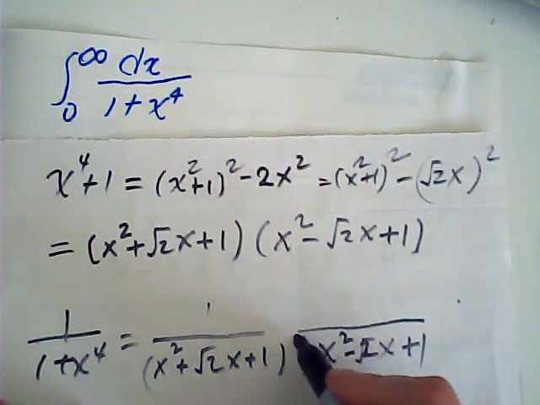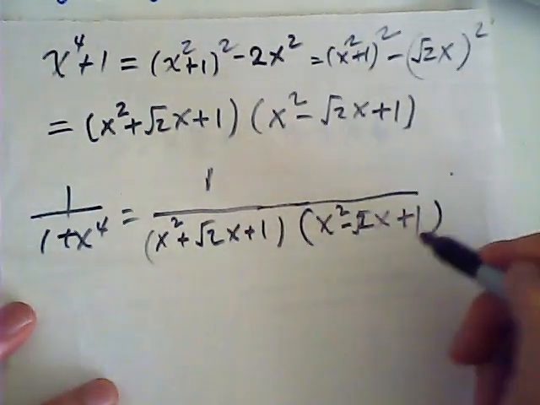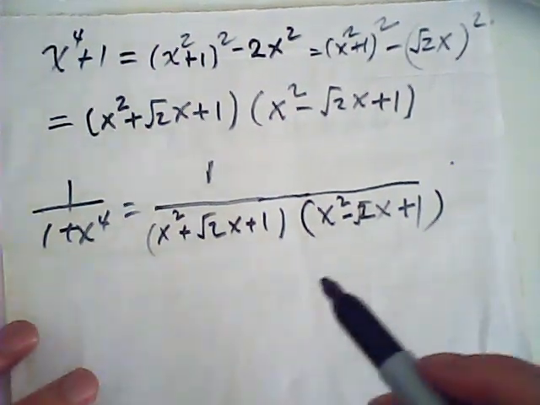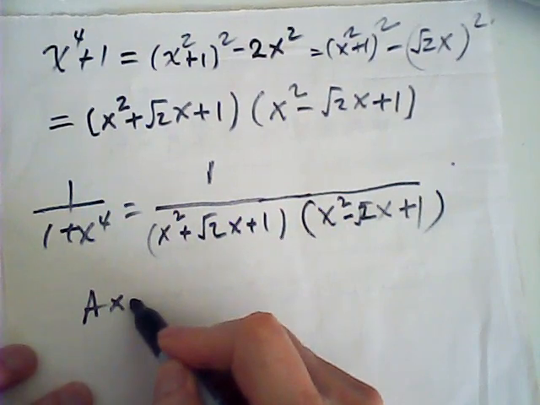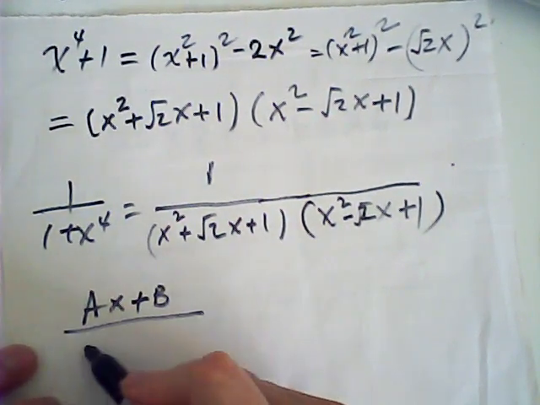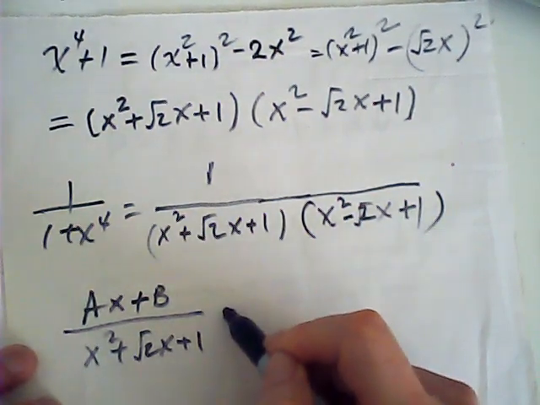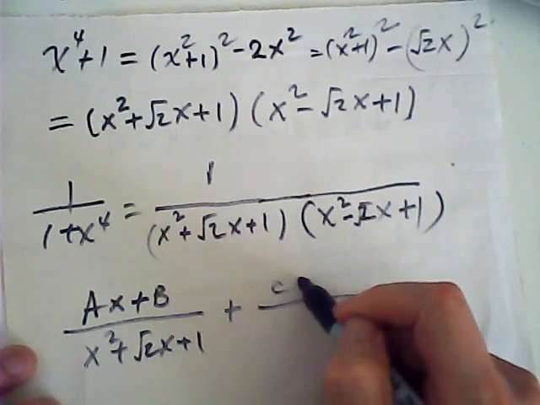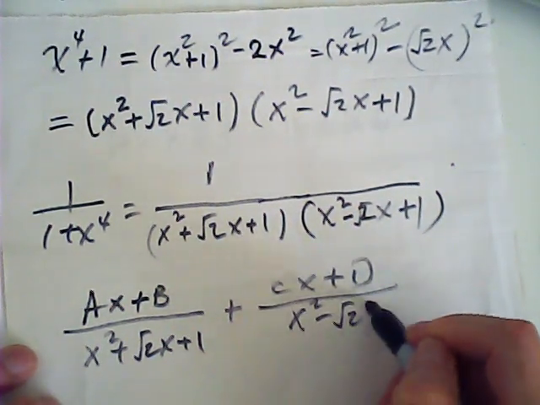Yeah, that's correct. And then we use partial fractions, right? So this one is ax plus b over x squared plus root 2x plus 1, plus cx plus d over x squared minus root 2x plus 1.